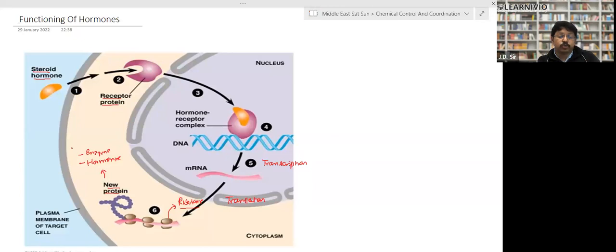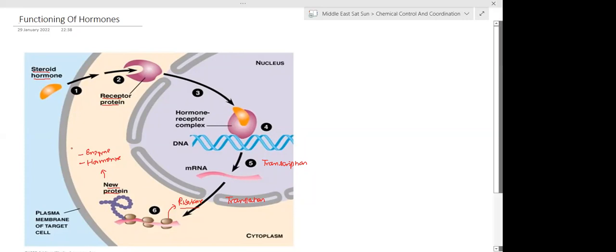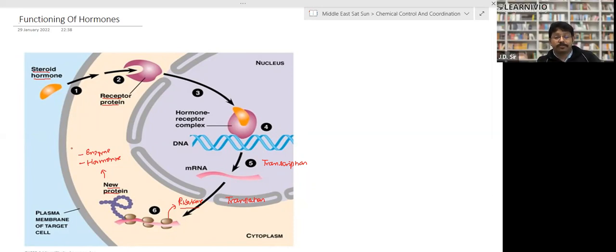The protein changes into enzyme, hormone, etc. That's how the functioning of hormone takes place in the body.